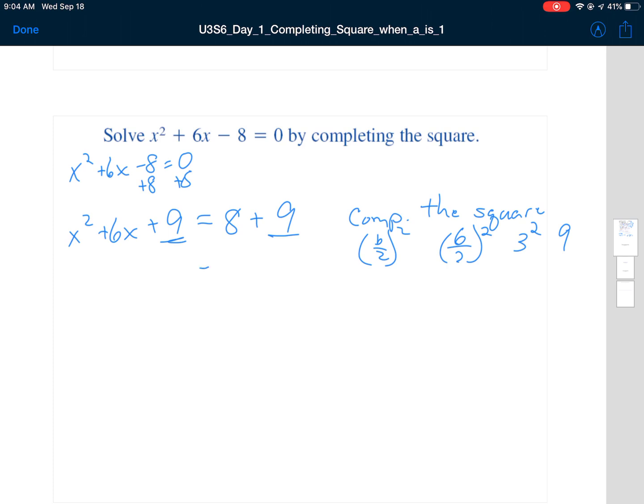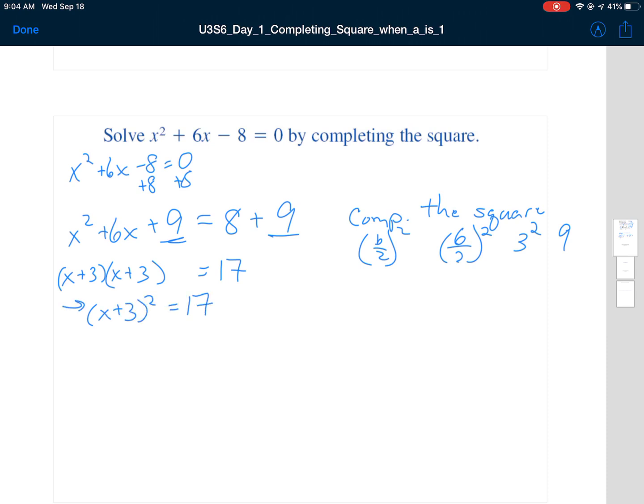Over here I end up with a 17. And over here I should be able to factor, and it needs to factor into the exact same thing twice. Well, what are the factors of 9 that would add to 6? 3 and 3. So x plus 3 squared.